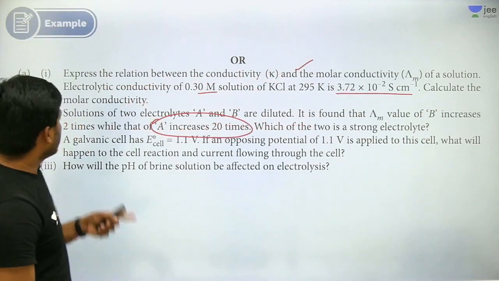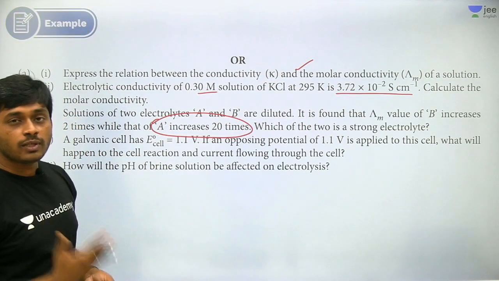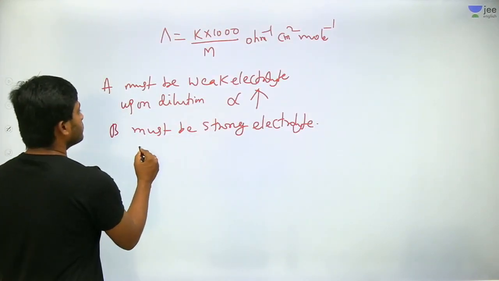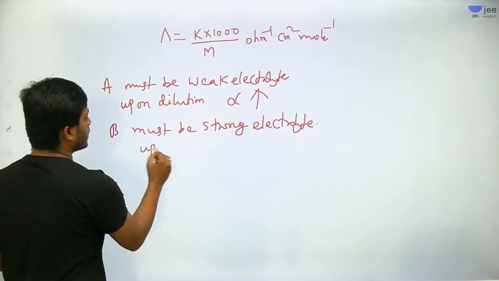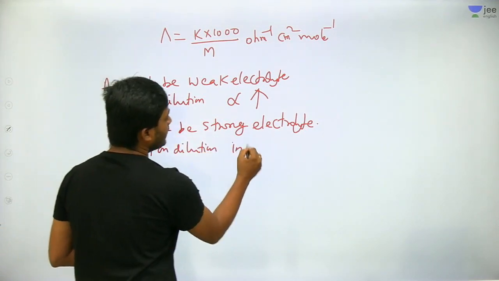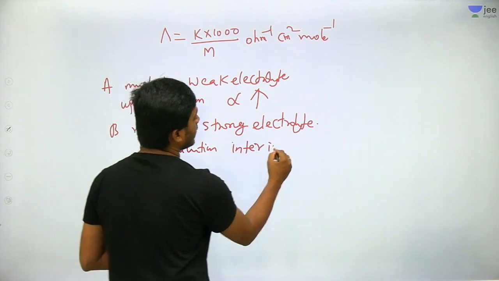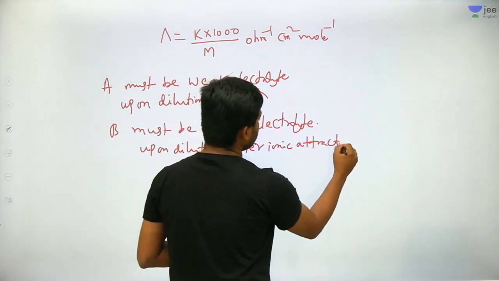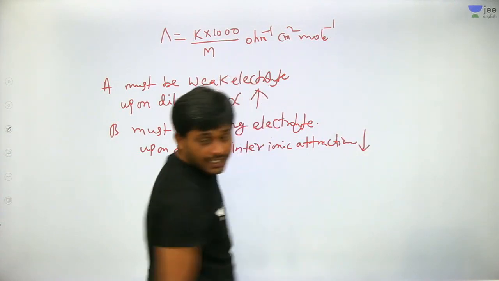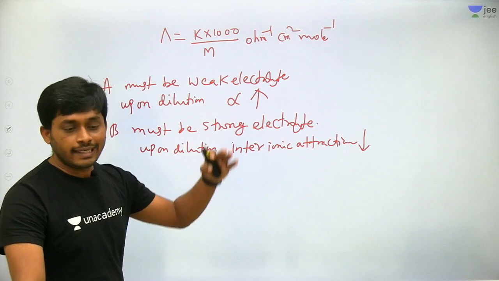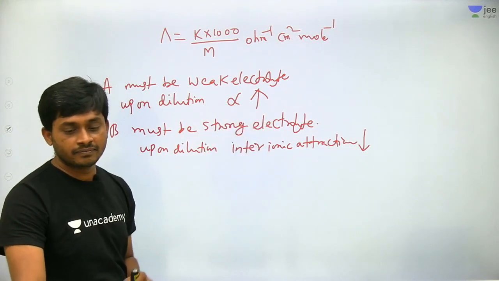Why? See here, upon dilution it increased only 2 times. But why is it increasing? Upon dilution, interionic repulsions decrease, ionic attractions decrease, so slowly conductance increases.